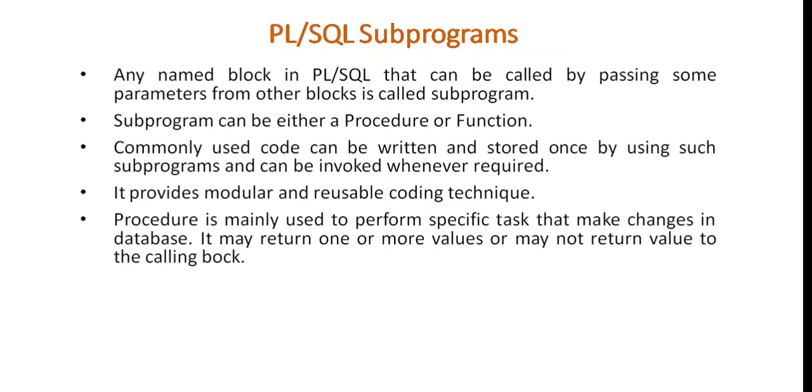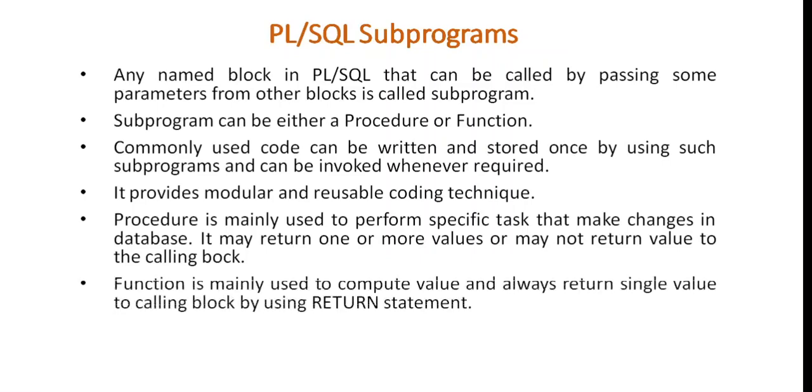This procedure may return one or more values, or even they may not return any value to the calling block. See, a procedure is a subprogram which is stored as a database object in memory. We can call that procedure to perform a certain task. As a result, your database state will get changed.